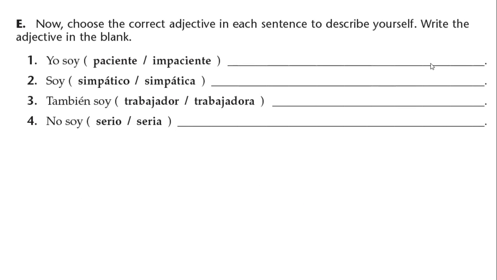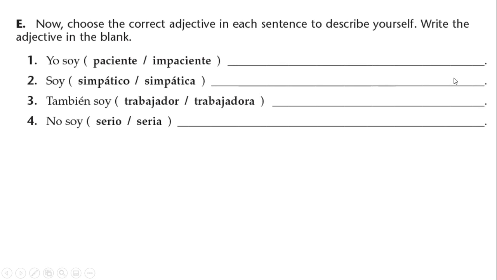This last section, you need to choose something to describe yourself. The first one, yo soy, and our choices are paciente or impaciente. So just think to yourself, are you normally patient or are you normally a very impatient person? And just choose the correct one. These two both end in E, so they could be used for a male or a female.